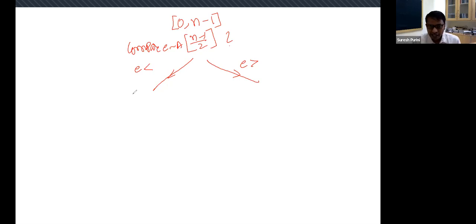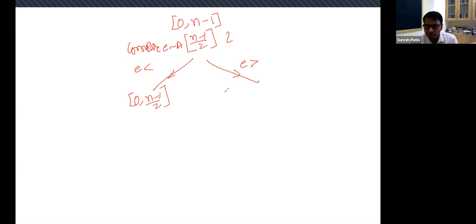If E is less than the middle element, what is our improved estimate of the interval? Left side, right? Left is 0 to n minus 1 by 2.